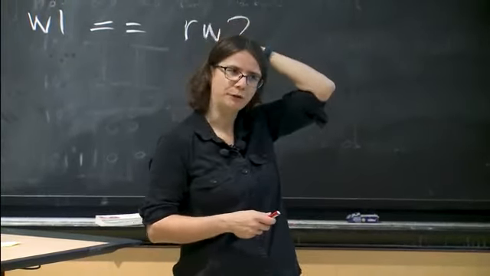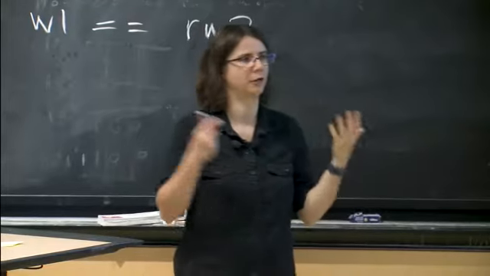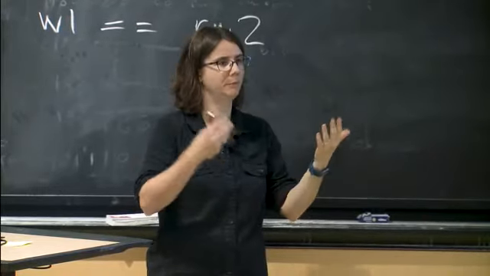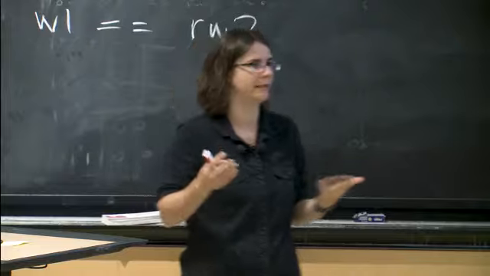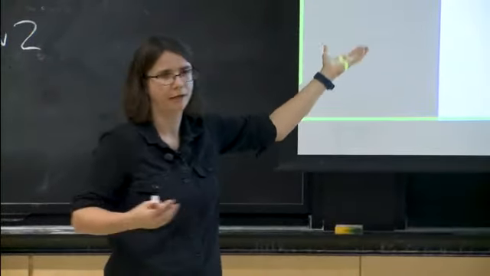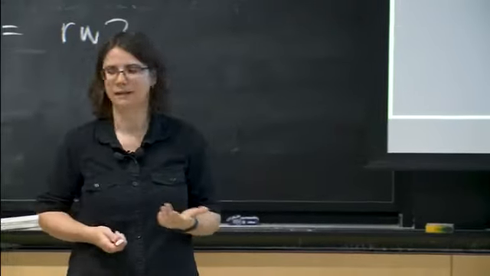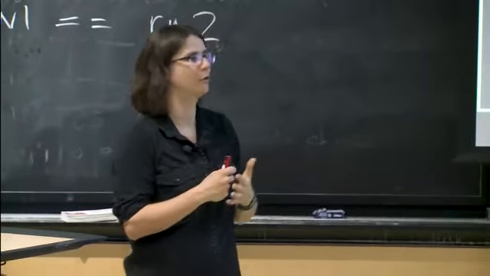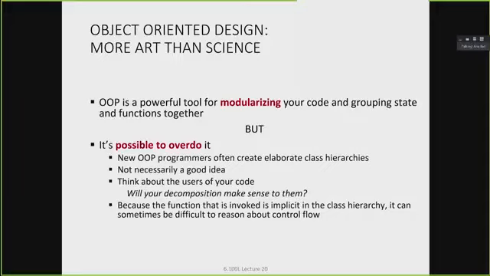Now that you know how to create your own object types, you can create objects using other objects. So some of the data attributes for something more complex could be a workout object. But it's possible to overdo it. Especially now that we're not writing super complex classes, it's possible to over-engineer.